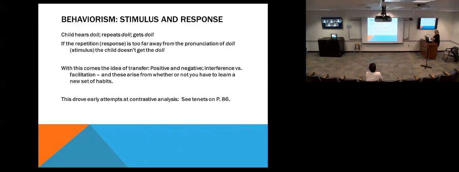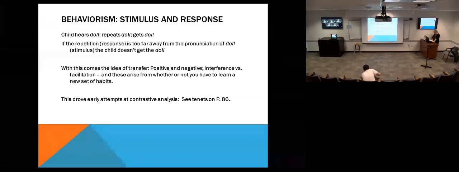And you can have a look at those tenets of the original contrastive analysis on page 86, okay? Contrastive analysis is based on the idea that language is habit. The major source of error in the production of L2 is the native language. You can account for errors by considering differences between the L1 and the L2.